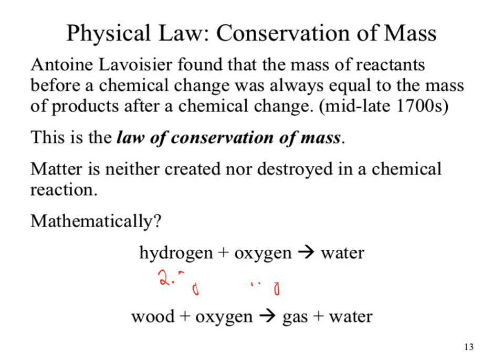Sort of. Let's move to the bottom one. Let's do something similar. Let's take 6 grams of wood, 2 grams of oxygen. How much gas is made? Well, the wood was 6 grams. So I've got a verdict that 8 grams of gas was made.